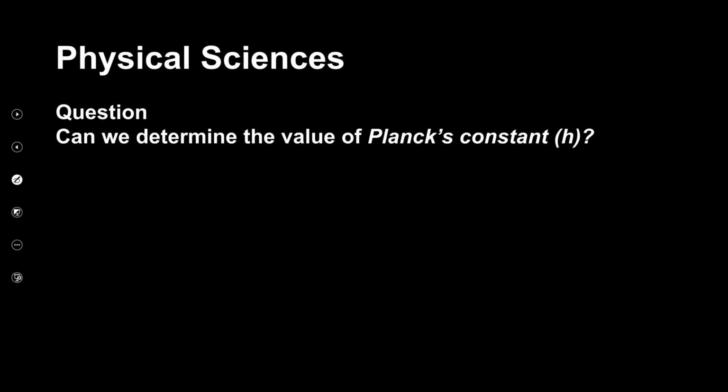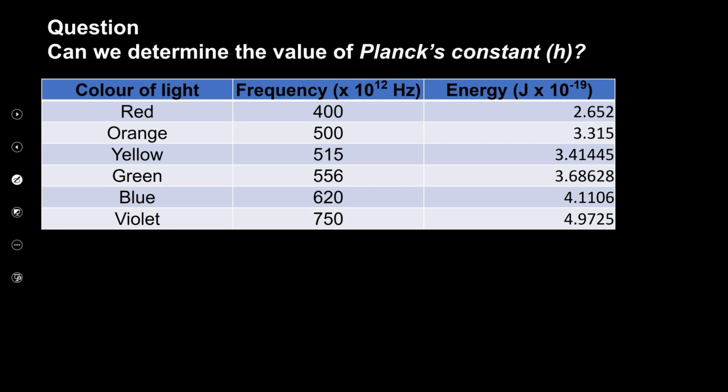The question: can we determine the value of Planck's constant h? How are we going to do it? First, we need to collect some data on different types of electromagnetic radiation. I've used colors of light from the visible light spectrum. They're nice and familiar to us. We've all seen red, orange, yellow, green, blue, and violet light as part of the colors of the visible light spectrum.